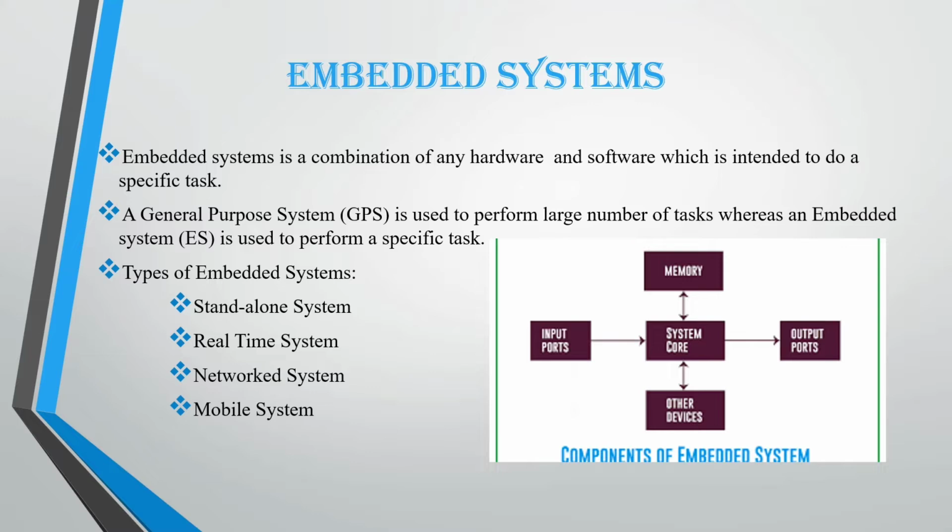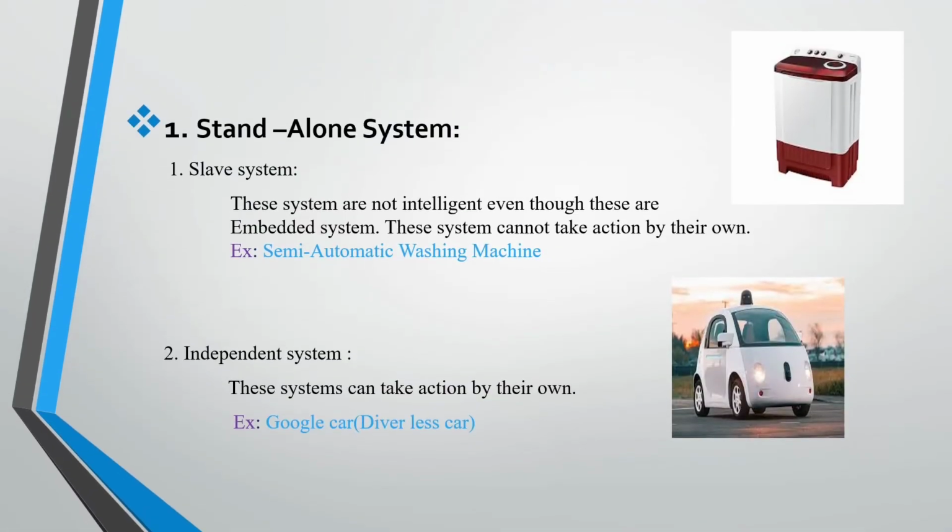The embedded systems are categorized into four types. They are standalone system, real-time system, networked system, mobile system. First, standalone system. Standalone system is an independent system that can work by themselves. It is subcategorized into two types: slave system and independent system.